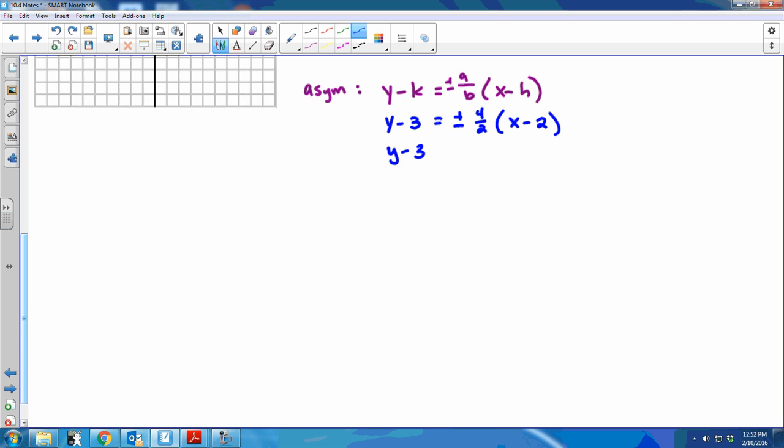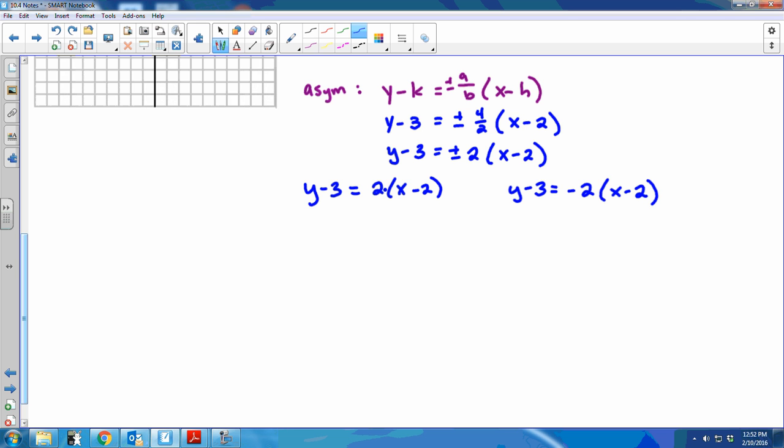Y minus 3 equals plus or minus 2, times the quantity x minus 2. But now I'm going to split it into two separate equations. There's one that says plus 2 and one that says minus 2. You do not have to show all of the steps if you know what you're doing. I don't want to lose anybody, so I'm going to show all the steps. So we distribute.